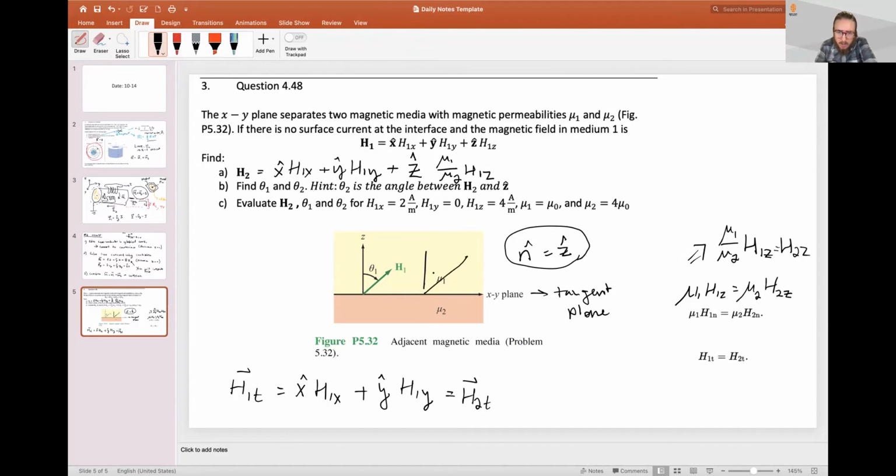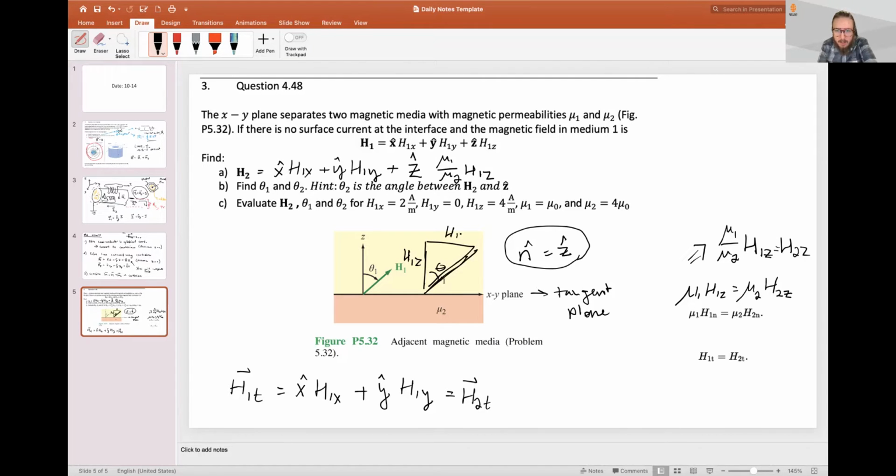We know this angle theta, and there's more than one way to do this, but we can write H1z is the magnitude here. And then we can also find this tangent right here.